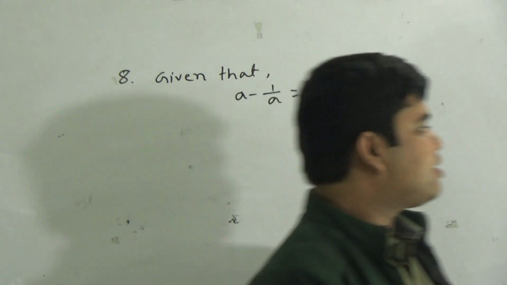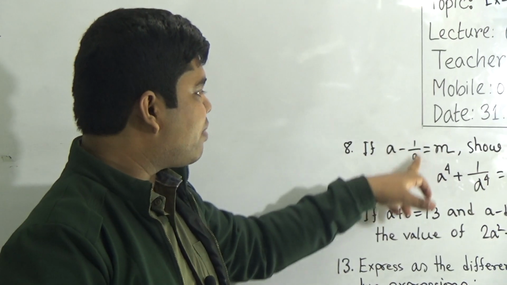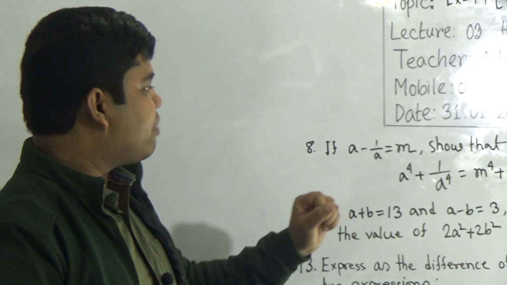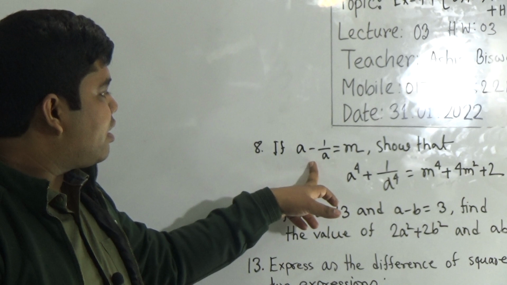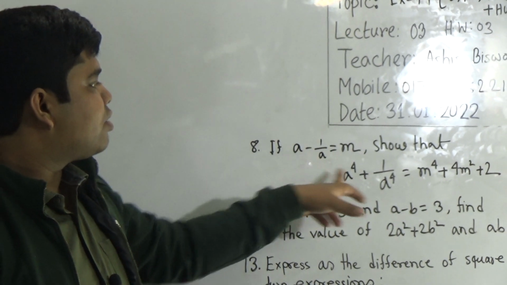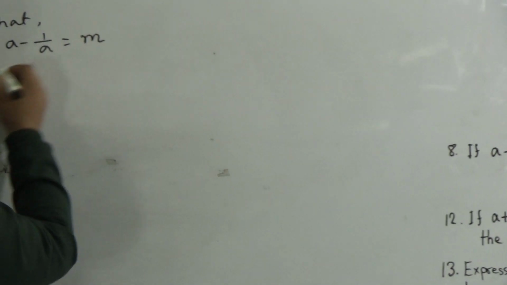We can solve it in two ways, by using the given, that is a minus 1 by a equals m, or by using the left hand side. Here I use the given to prove it. So a minus 1 by a equals m.